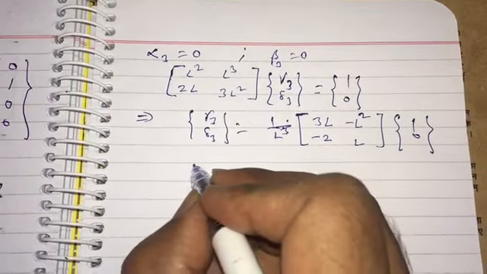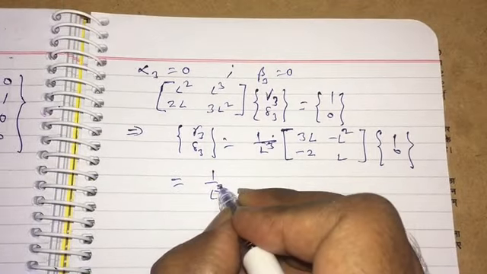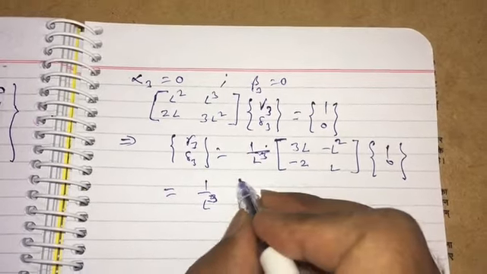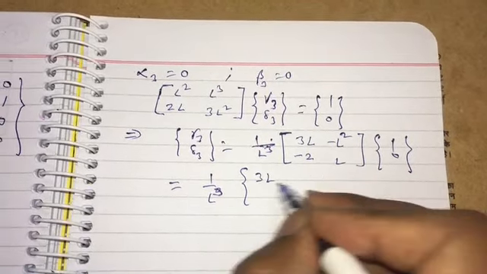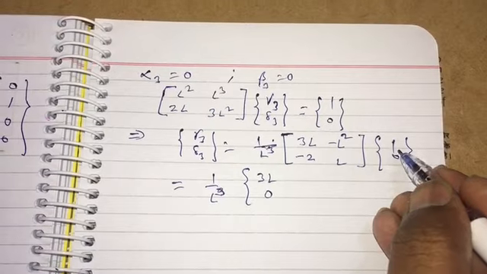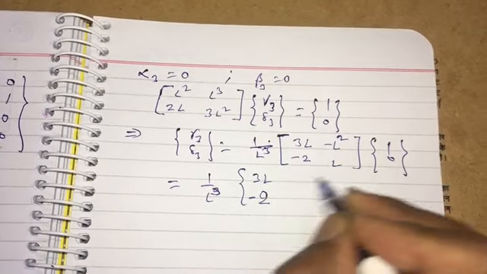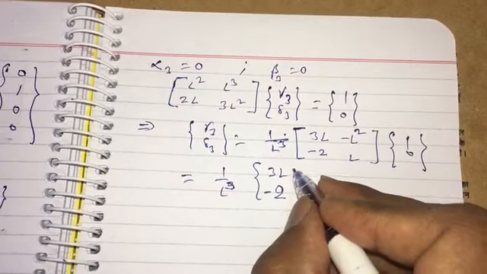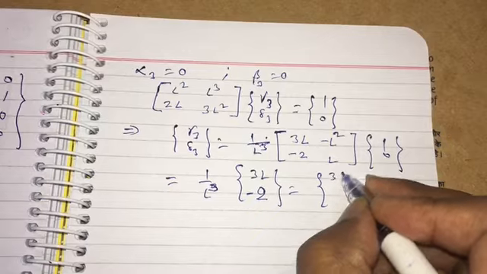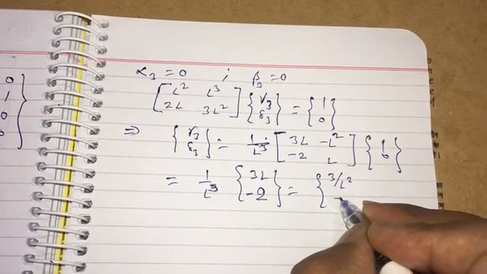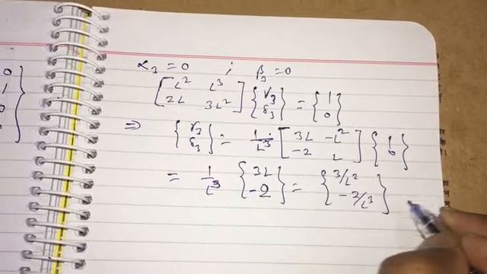Okay, so we get the value 1 over L cube, and then we have 1 0, so 3L, and this is 0. Okay, so minus 2, sorry, this is minus 2. Okay, 3L minus 2.